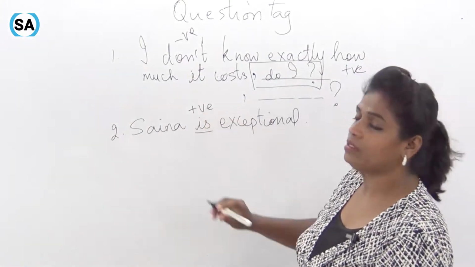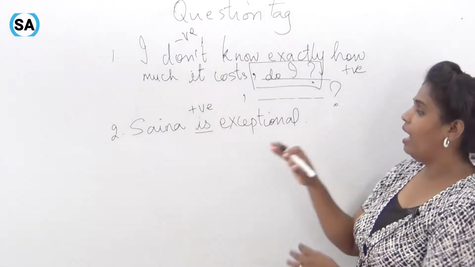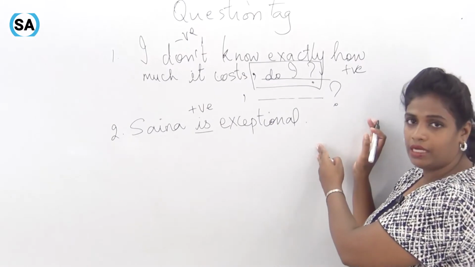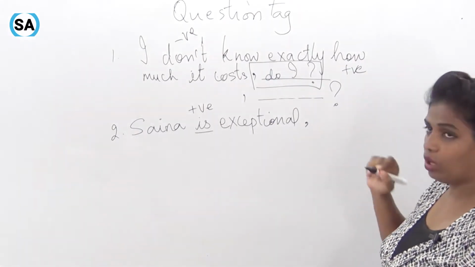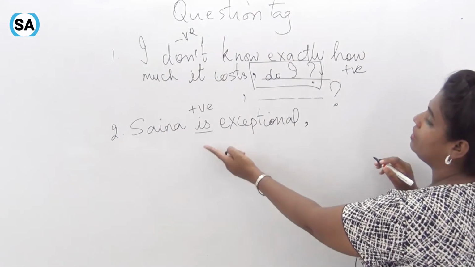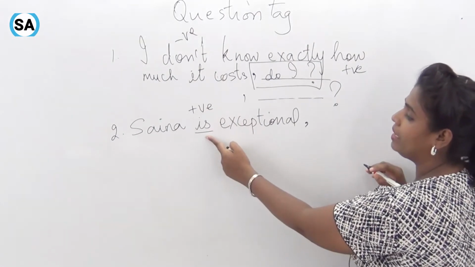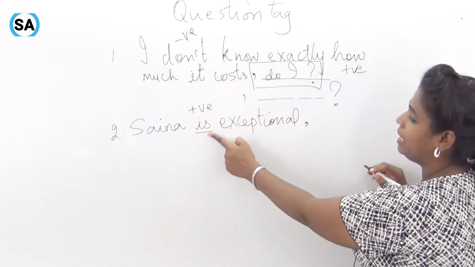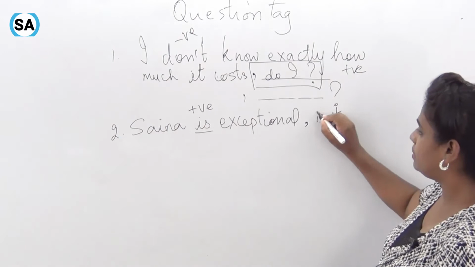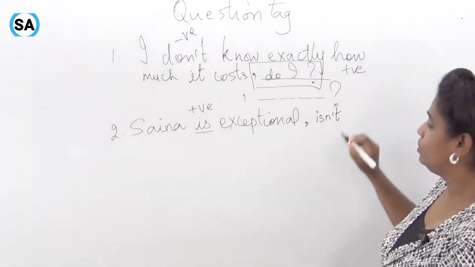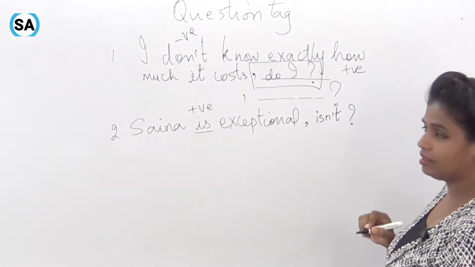So what happens if the sentence is positive? Our question tag becomes negative. So we have the three elements: the comma, then you have is, positive, make it negative, that is not, short form isn't, and then you put your question mark.